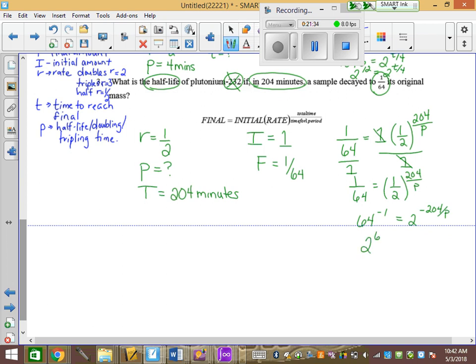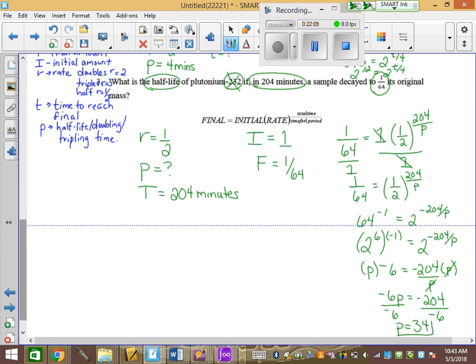So 2 to the negative 6 equals 2 to the negative 204 over P. So I get negative 6 equals negative 204 over P. Multiply my P up. Negative 6P equals negative 204. Divide by negative 6, and P equals 34. 34 minutes.